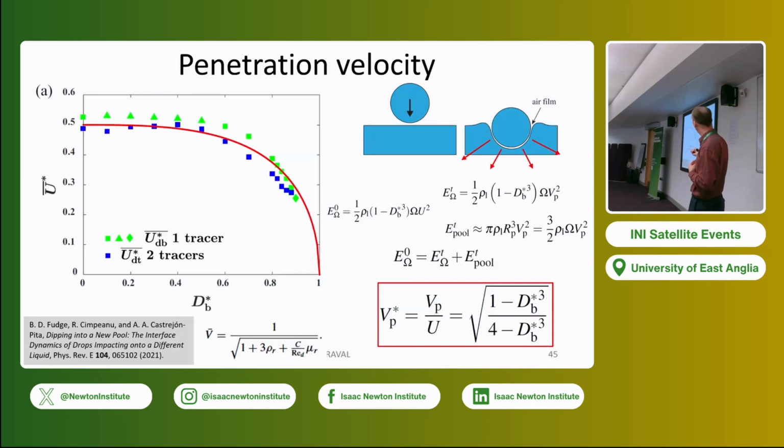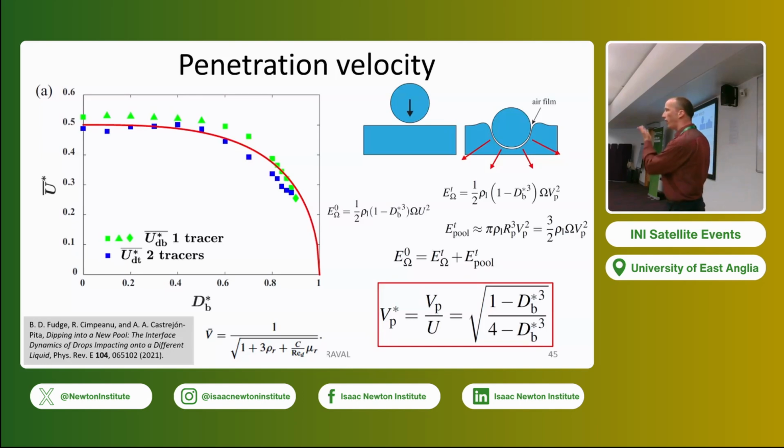But here, with the presence of the bubble, you get a different reduced velocity due to the lighter drop. And we use a theory of Radu that looks at different density in the drop. If you do the same with a drop containing a bubble, you can get a modified velocity for the interface between the drop and the pool.